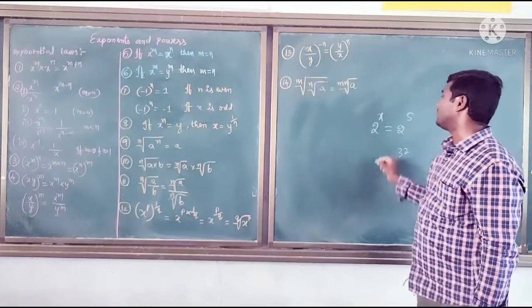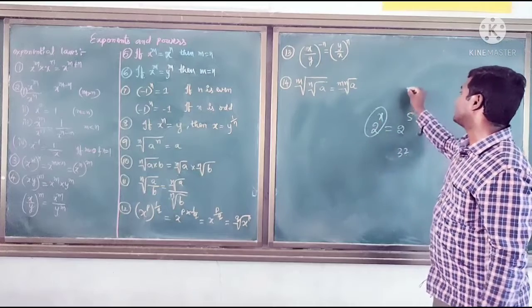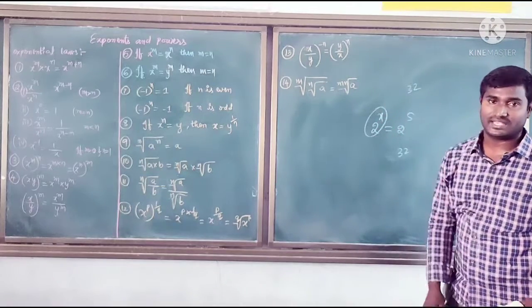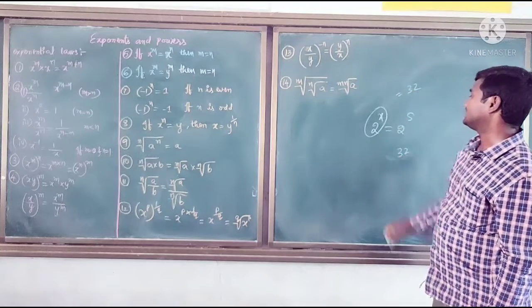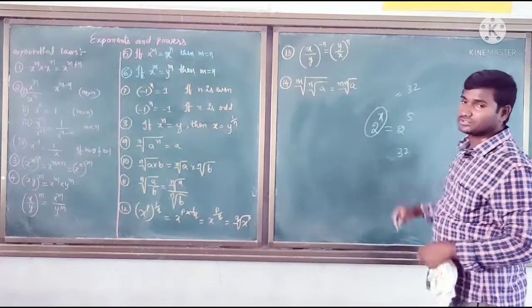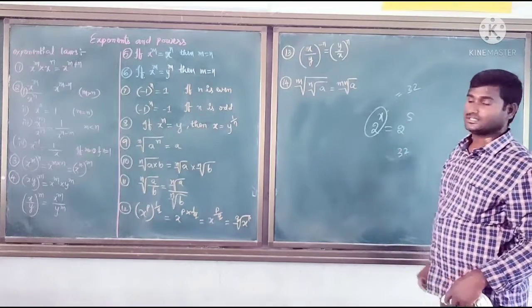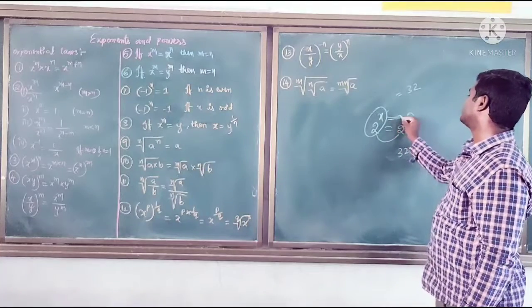At what value of x will this 2 power x give 32? So that is, at what value of x is this value equal to 32? At 5 only. So that means if both sides' bases are equal, then the powers are also equal.